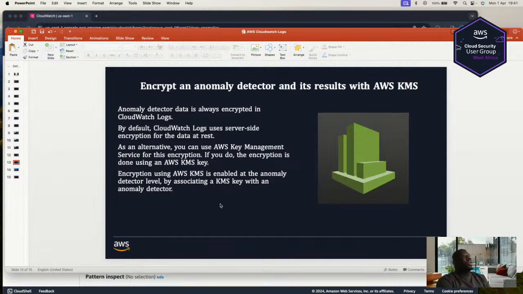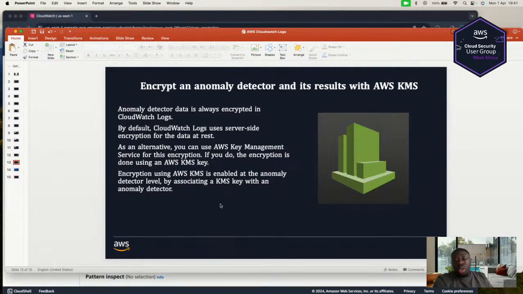All right, the next one is encrypting an anomaly detector and its results with the AWS KMS. By default, your anomaly detector data are always encrypted in CloudWatch Logs. I say that again, by default, they are always encrypted, because it makes use of server-side encryption for the data at rest. But it's very much possible that you don't want to make use of the server-side encryption.